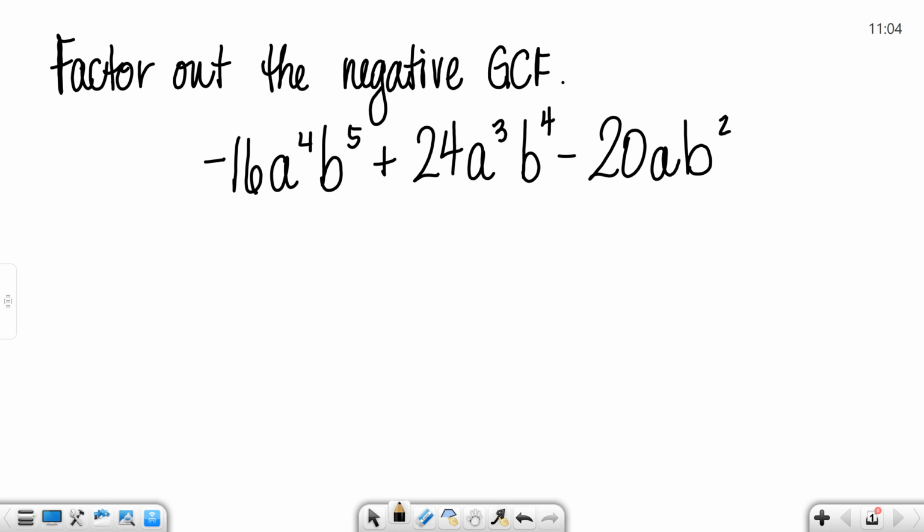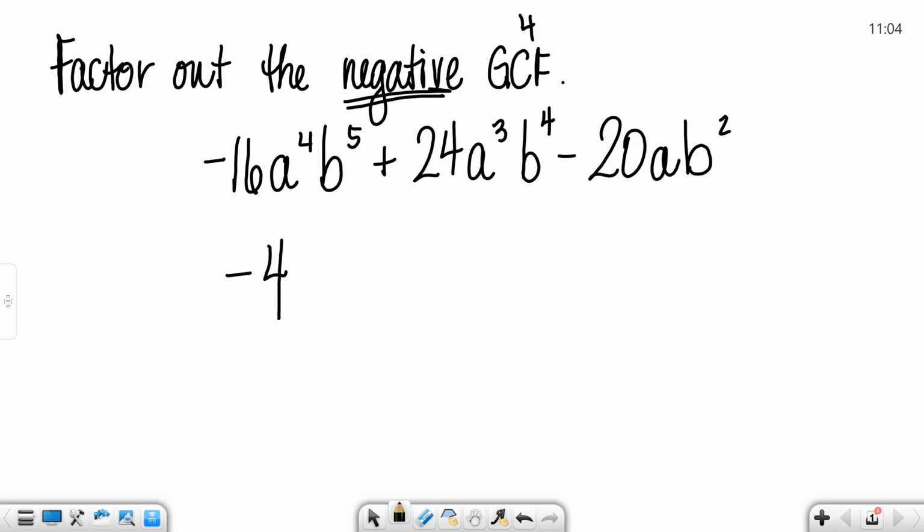So again, we have to first find the greatest common factor, the largest number that goes into 16, 24, and 20. And that largest number is a 4, but it asked me to factor out the negative greatest common factor. I just found my greatest common factor was 4, but it asked me to use negative. So I'm definitely going to factor out negative 4.